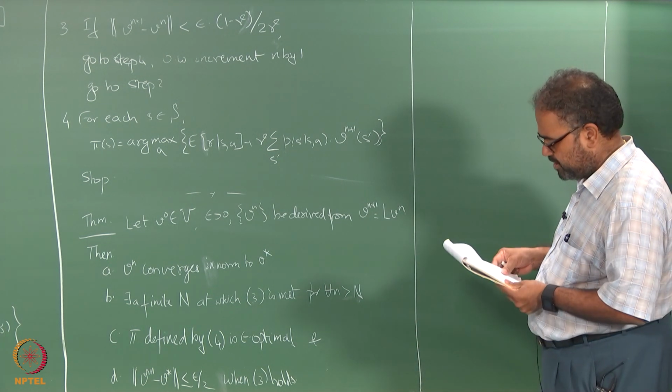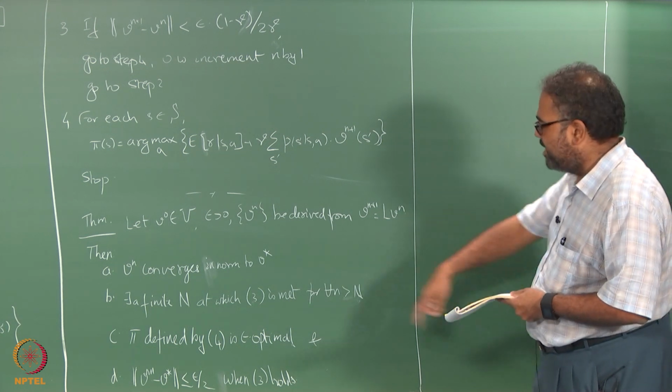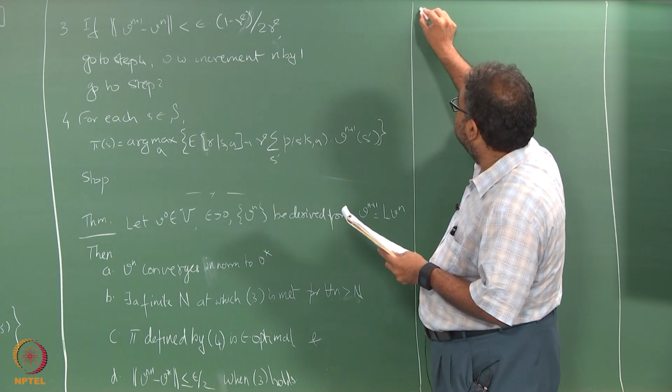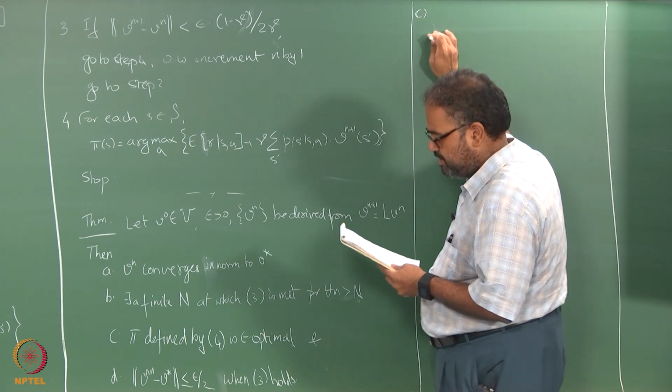Anyway, so let us look at the proofs. Well, A and B are immediate, they follow from Banach's fixed point theorem. So we will start off with C and D, right.